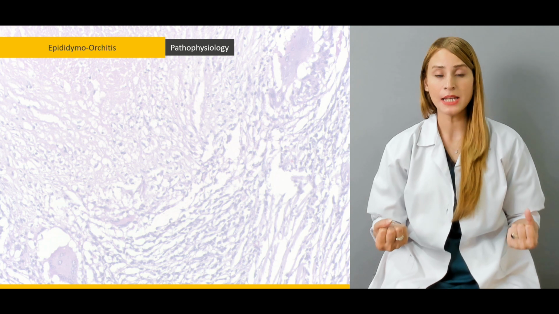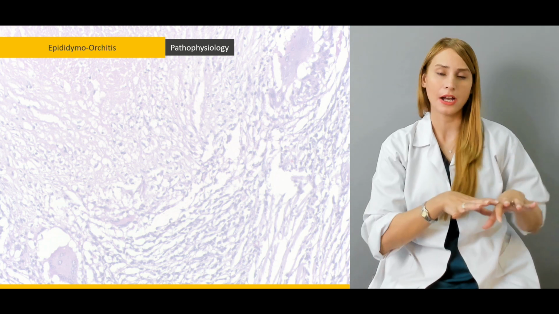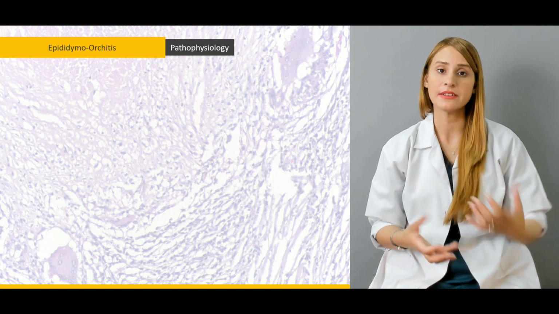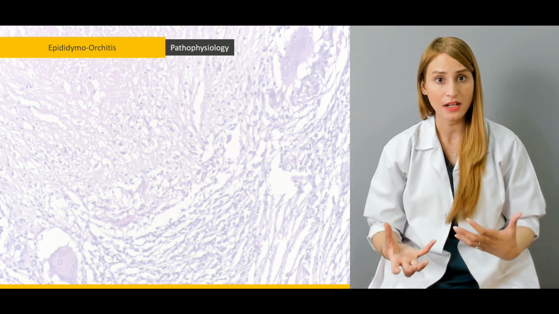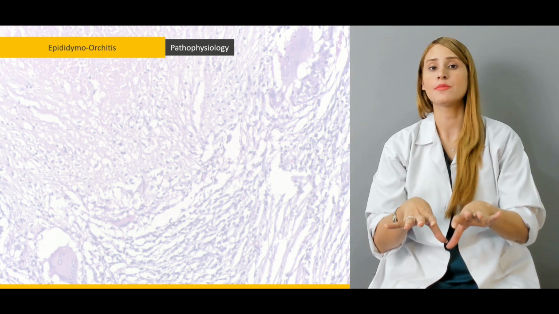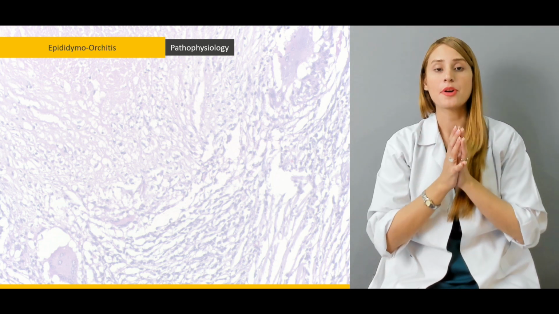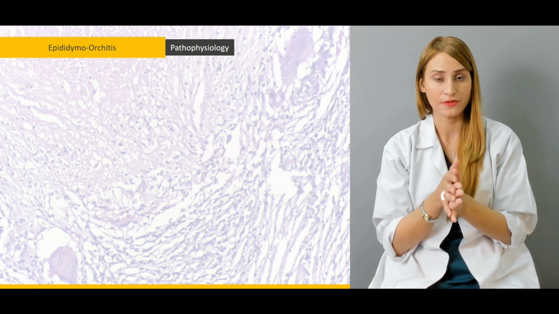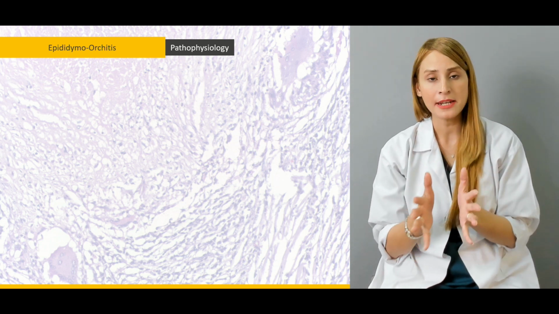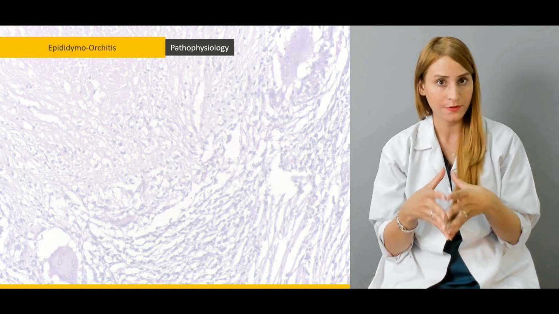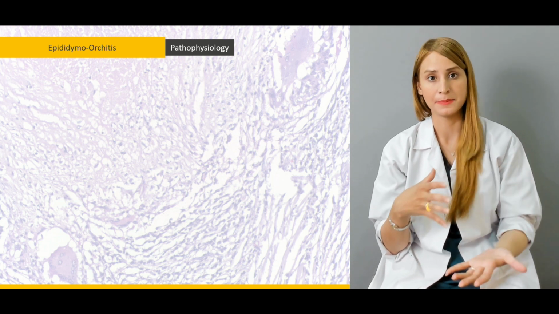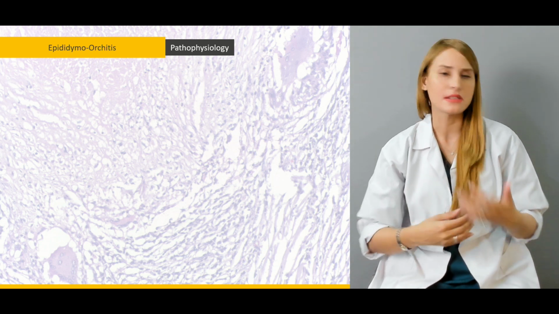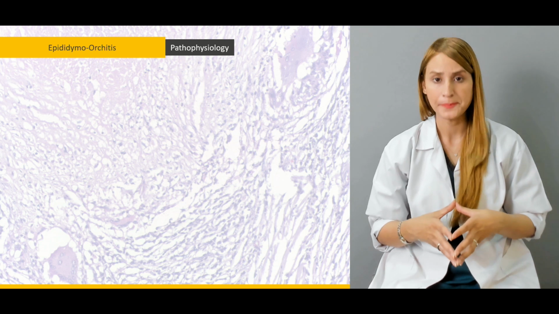So like I already told you, epididymal cyst and spermatocele most of the time involve the head of the epididymis, while in epididymo-orchitis the inflammatory process is mostly involving the tail of the epididymis, right? And in younger men, the causative organism for epididymo-orchitis is Chlamydia trachomatis, and it can be gonorrhea as well in some cases.